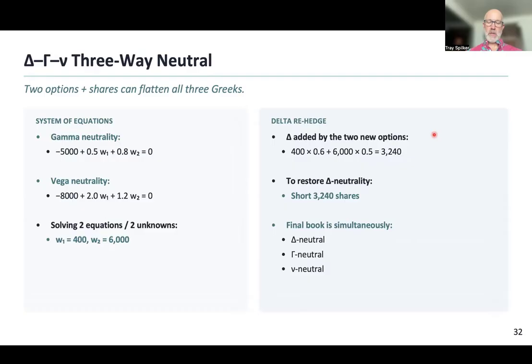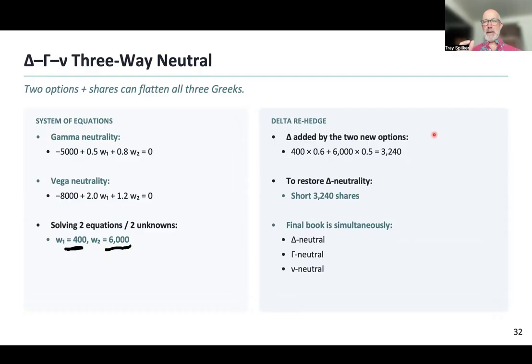When we solve those equations, we see that the weight in option one is 400 of those options, and the weight in option two is 6,000 of those options. So when we've bought 6,000 units of option two and 400 units of option one, we're now gamma and vega neutral.